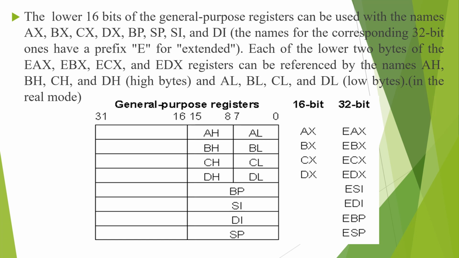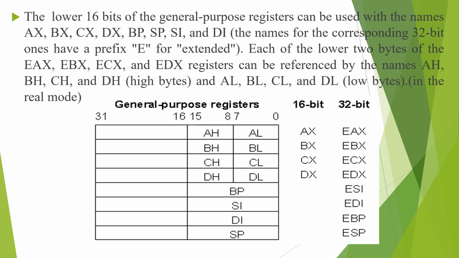They can be used as 32-bit with the prefix E, that is extended, as per your application. Each of the lower 2 bytes of the EAX, EBX, ECX and EDX registers can be referenced by the names AH, BH, CH and DH, that is the high byte, and AL, BL, CL and DL, that is the low byte, in real mode.